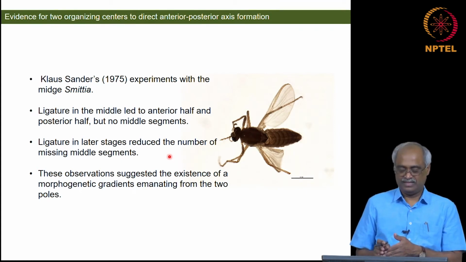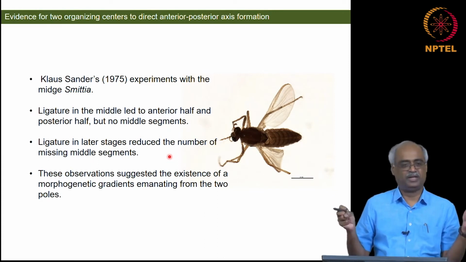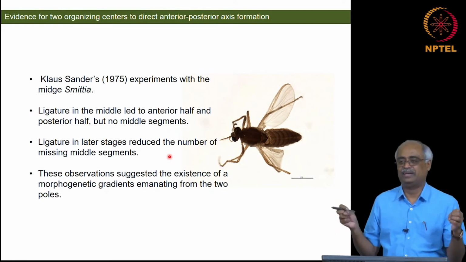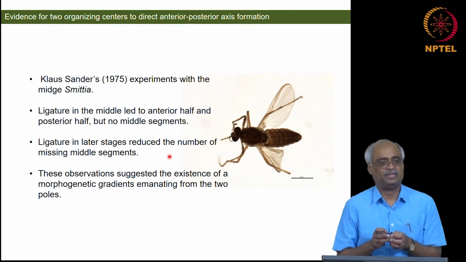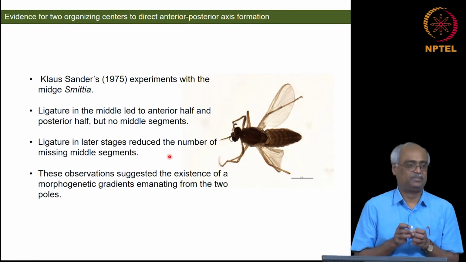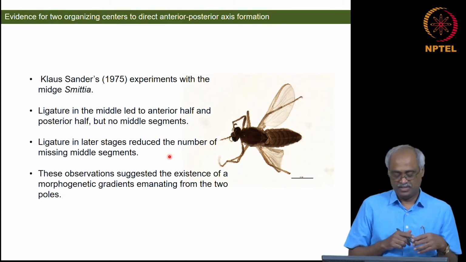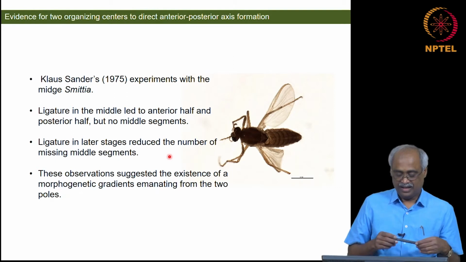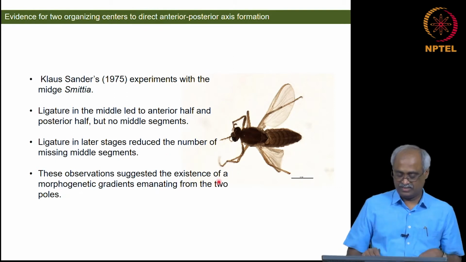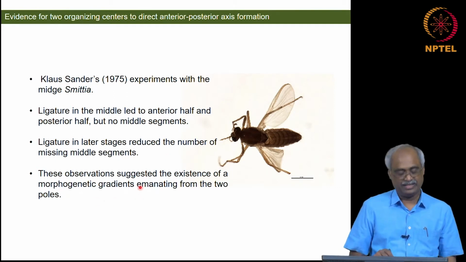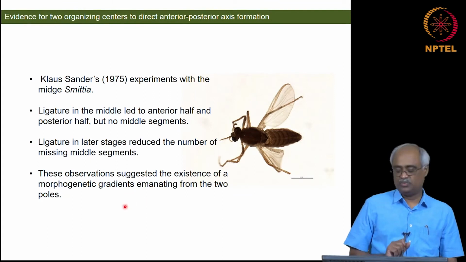So based on this, what Sander proposed was there must be two decision points, one in the anterior and one in the posterior, and they probably instruct the rest of the things in a gradient fashion to make the different structures, the middle segments. Okay, that is the conclusion he came to. These observations suggested the existence of a morphogenetic gradient, that is, two centers of morphogen production emanating from the two poles.